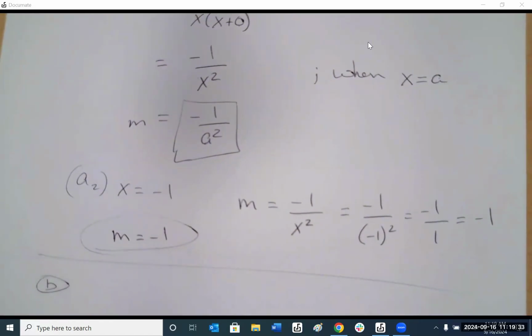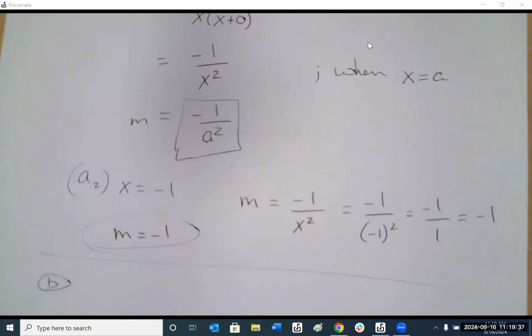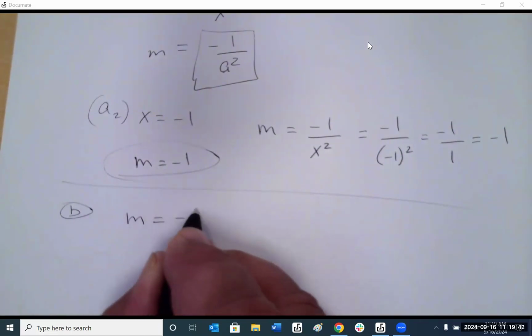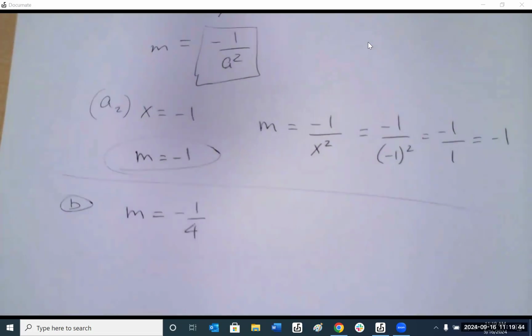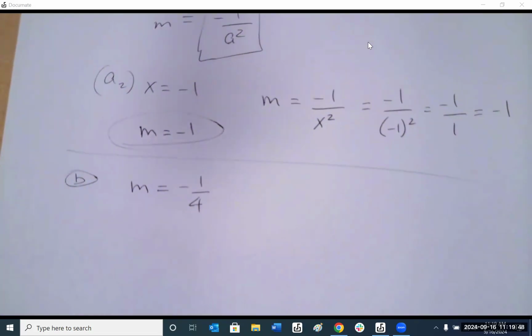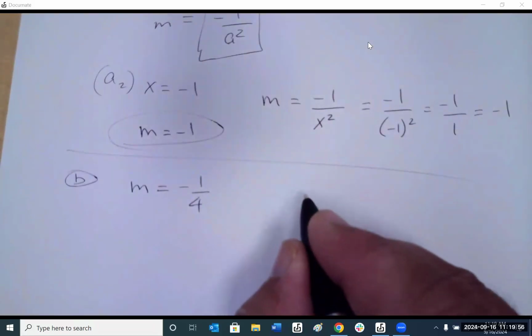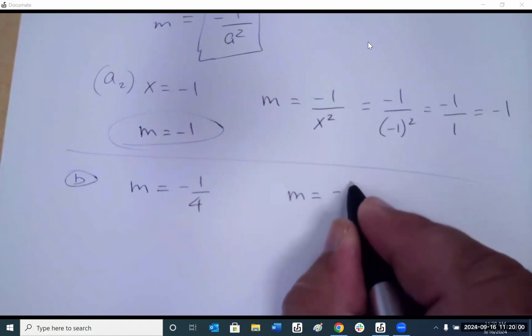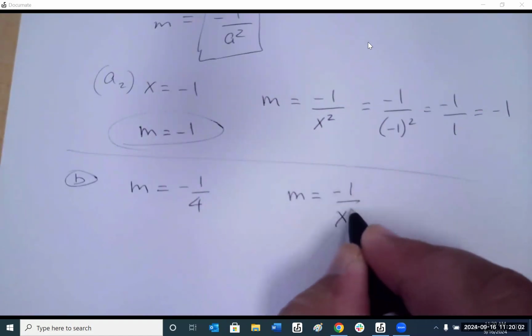B, where does the slope equal negative 1/4? So we know that the slope, the equation, is negative 1 over x squared.